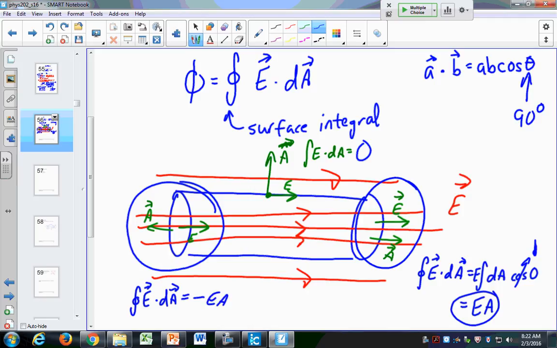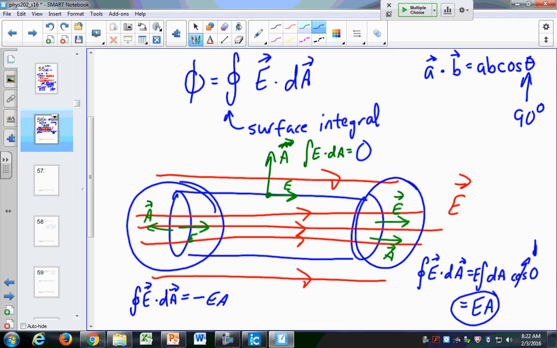So this is a pretty simple surface, but if I want to know the net flux, I add up all of these. Here, E dot dA was 0. Here, it's equal to positive EA. And over here, it's equal to negative EA. So if I want to know the net flux through the surface, it's going to be what? 0.